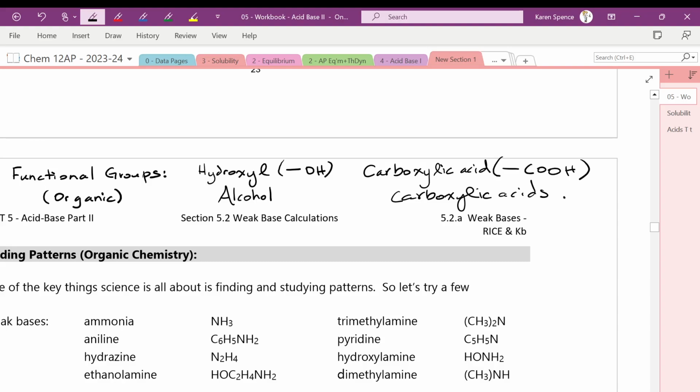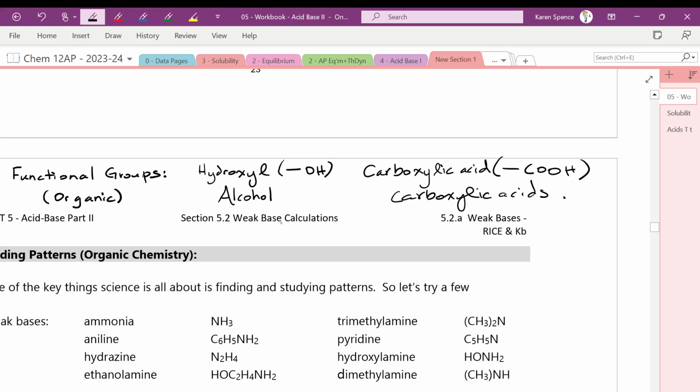Is there an acetyl group? No. I mean, yes, but it's not its own functional group, because it requires a certain number of carbons, whereas a functional group is something that you just stick onto a carbon chain of any length. Functional groups are special things that give it a characteristic.